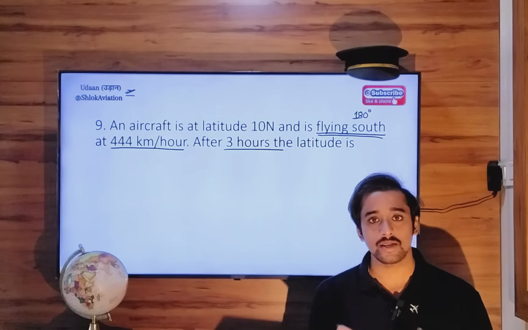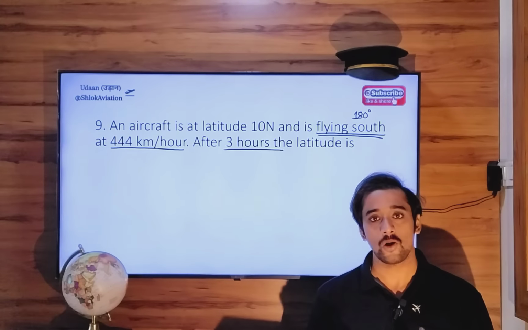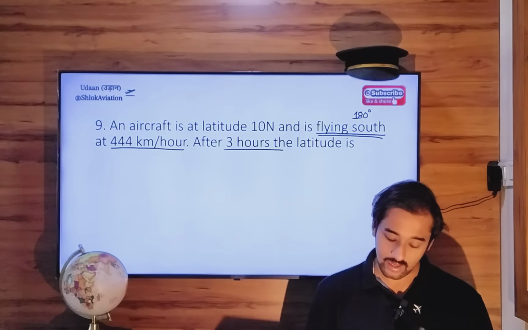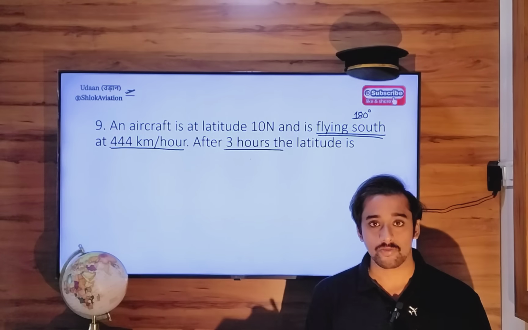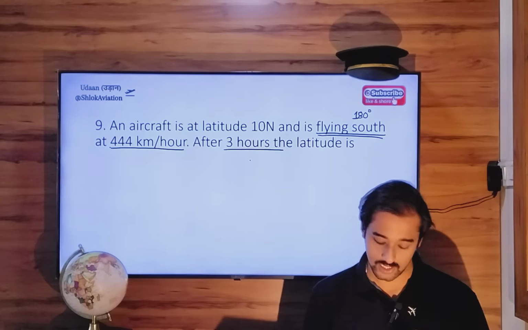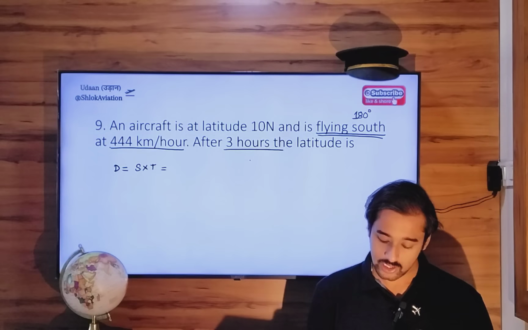So this question is similar to the previous question. The only thing different here is they have not given us distance information directly. They have given us the speed and time. If we know speed and time, it is possible to find distance. Distance will be equal to speed into time. Speed is 444 kilometers per hour.